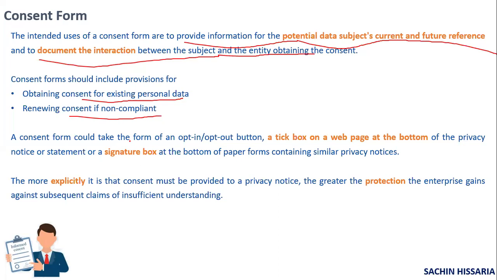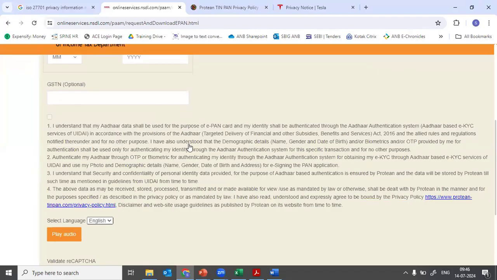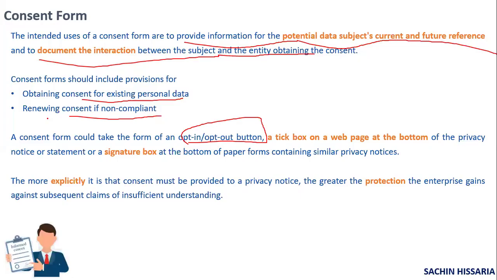A consent form could take the form of an opt-in or opt-out button. So basically you will ask a customer that if you agree, then only click on this button. Correct? Opt-in, opt-out, a tick box on a web page at the bottom of the privacy notice or statement, or a signature box at the bottom of a paper form containing similar privacy notices.